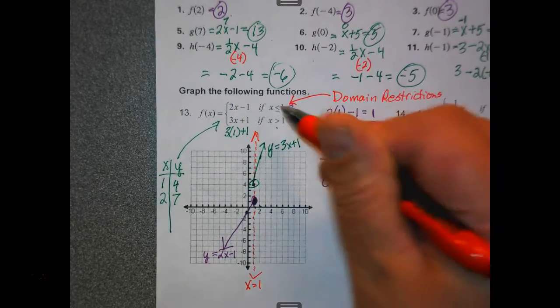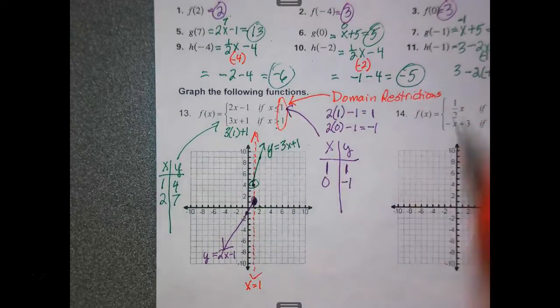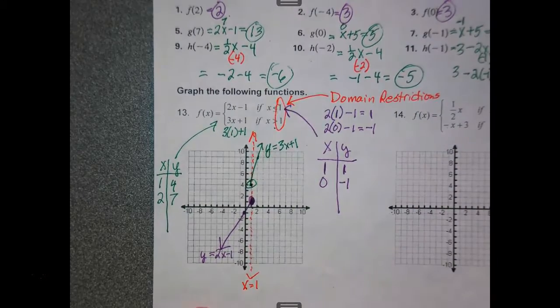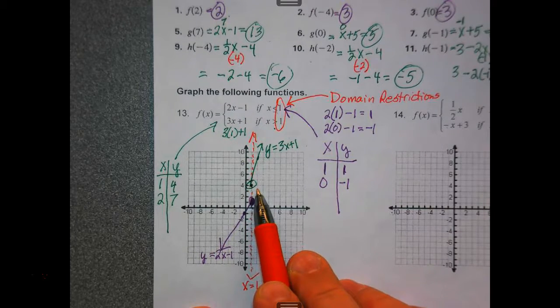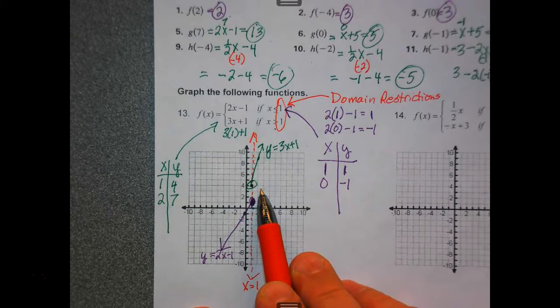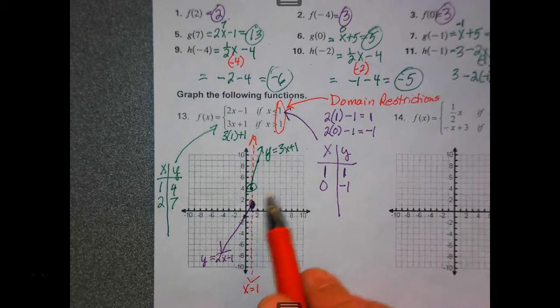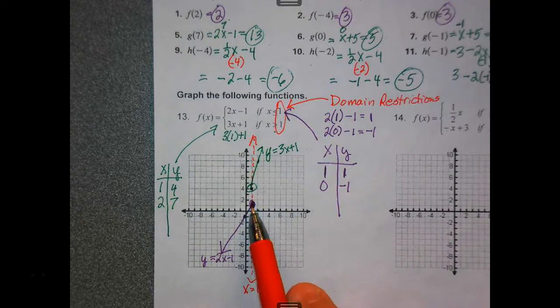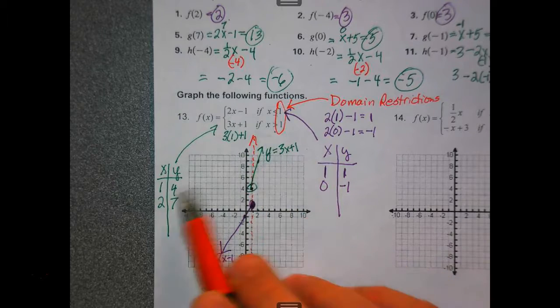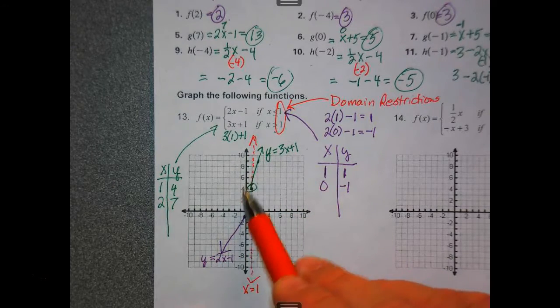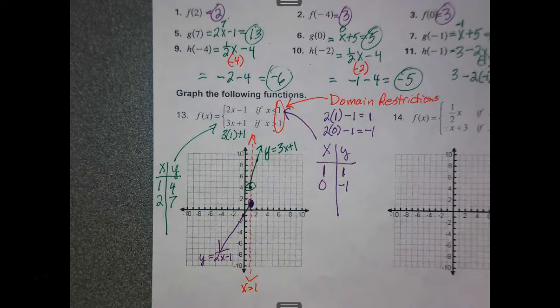That's why I always pick for my first point whatever x is for that boundary line. It may not include it, but I want to know where it's at with the open circle. If it had the equal sign, then I would close that circle and include it. But because it doesn't have that equal sign there at 1, 4, that's why I put the open circle there.